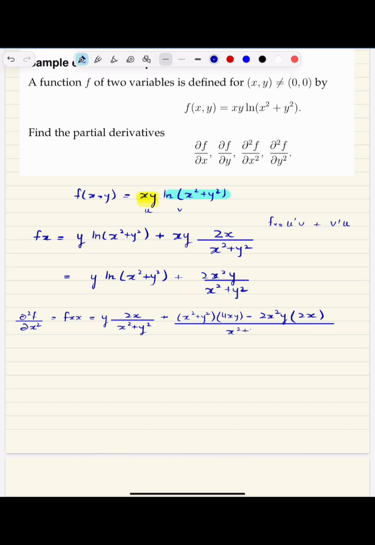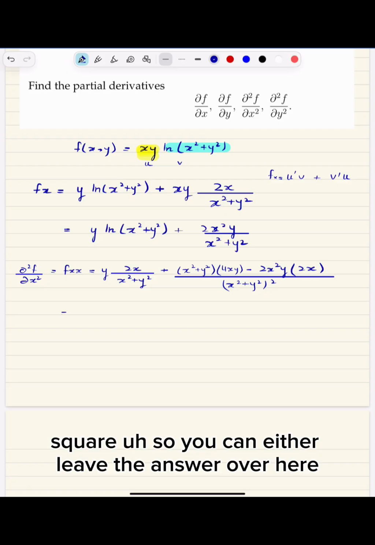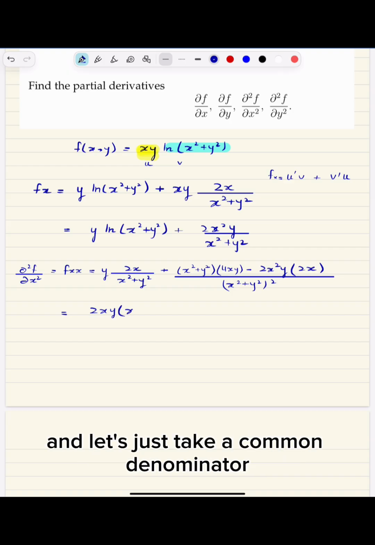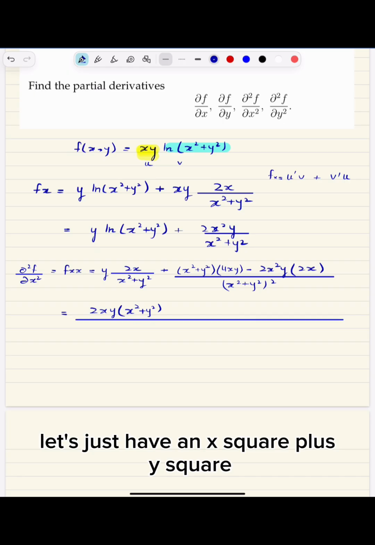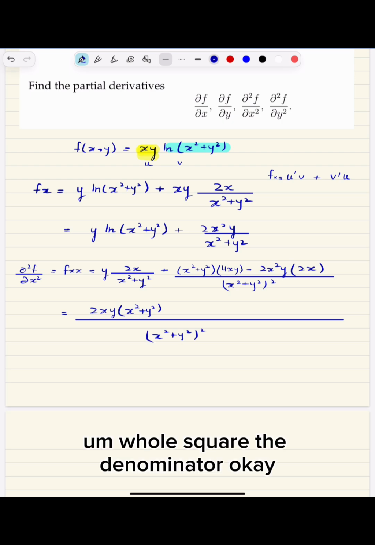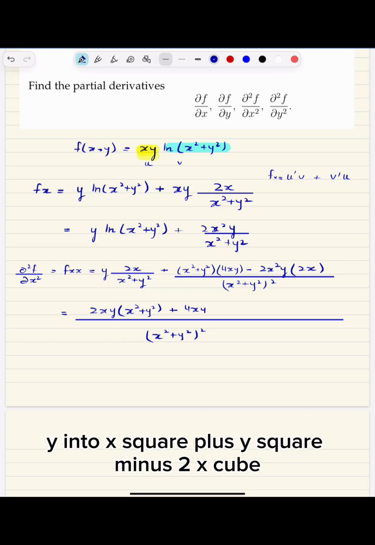You can either leave the answer here, or you could simplify it by writing this as 2xy over x² + y², and let's take a common denominator, (x² + y²) whole squared. Then we'll have a plus 4xy times (x² + y²) minus 2x³.